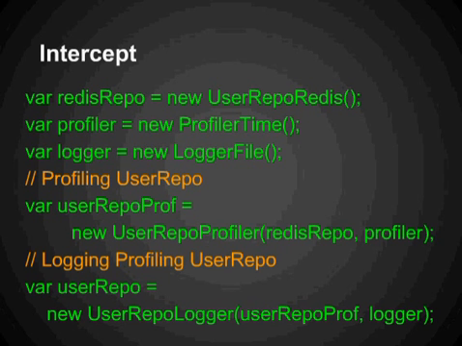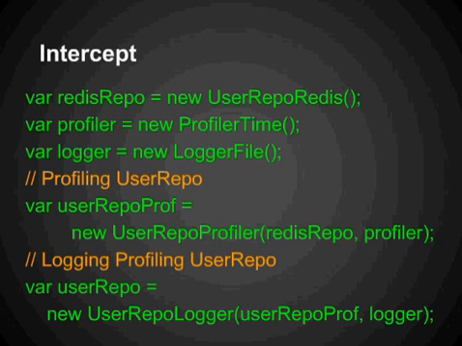And what I end up with here is a user repo object that can be used anywhere else a user repo object can be used via the Liskov substitution principle, but this one has logging and profiling and user repoing all mixed together in one object.